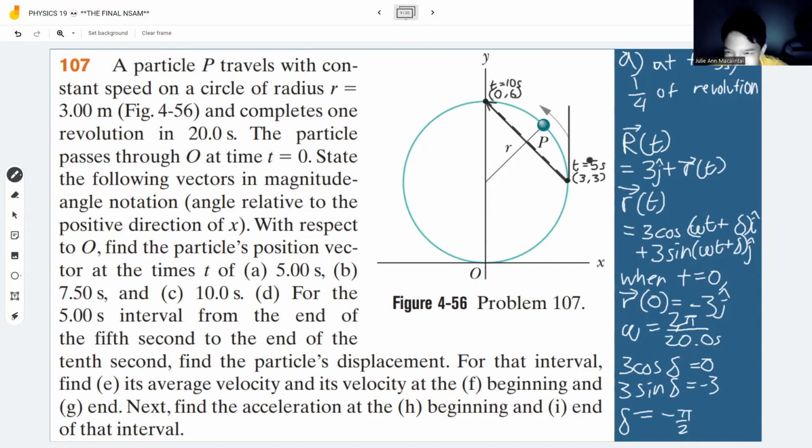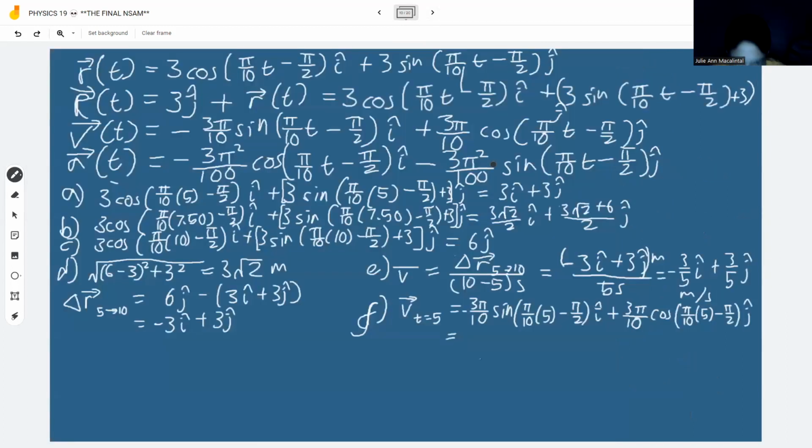So if the velocity is pointing up, check mo ngayon yung expression na yun for the velocity. Nagsi-zero ba at t equals 5 yung x component? So, sine of pi over 2 minus pi over 2 yung nasa loob. So, sine of 0.